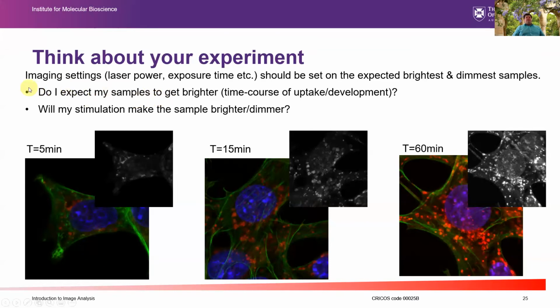So do you expect them to get brighter? Do you expect them to get thicker, or your tissue to move deeper if you're looking at a 3D section? All these things you should take into account and think about how it's going to change and how that will affect your imaging parameters.